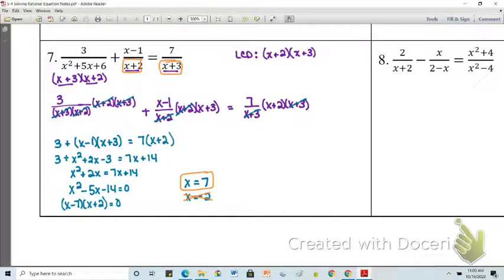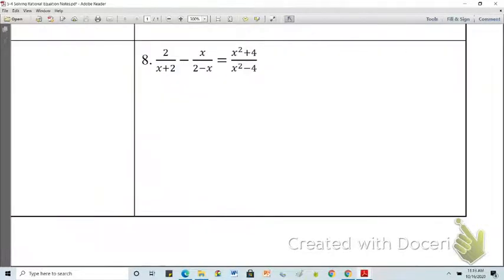Okay, looking at number 8. First thing I'm going to do is notice that the second fraction is not in the right form. That should be a negative x plus 2. So let's take a look. Okay, again, this is not in the correct form.